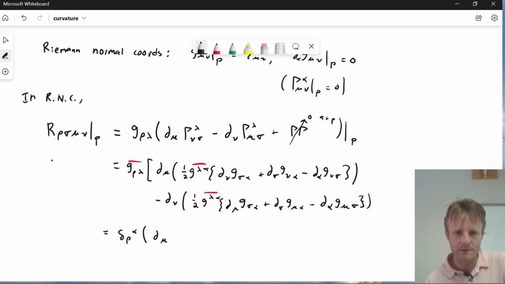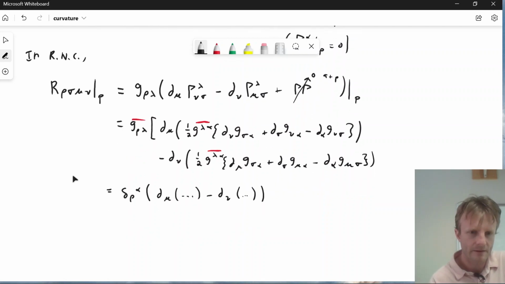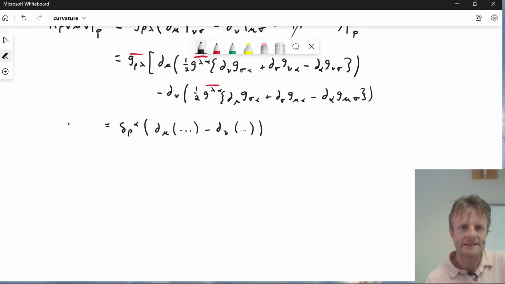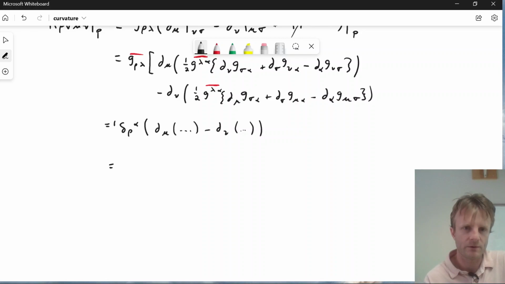Maybe I won't copy it. I'll just write del mu of all that stuff minus del nu of all that stuff. So that's just going to set nu equal to alpha. So now I will write it out. There'll be a 1/2. I guess I can pull the 1/2 out here.